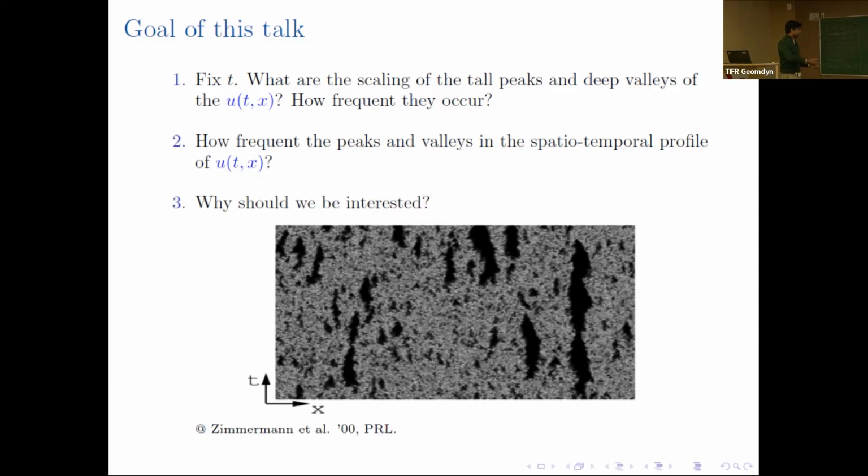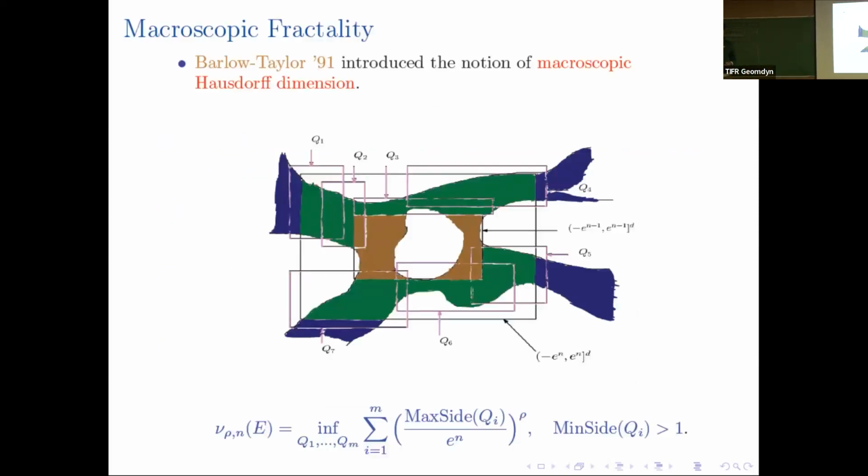Okay, so the next step is to go towards this fractality or multifractality, as I was telling you. For that, we need a notion of fractal dimension. This is not the natural fractal dimension I'm going to use here. What I'm going to use is something called the macroscopic Hausdorff dimension, introduced by Barlow and Taylor in 1991.